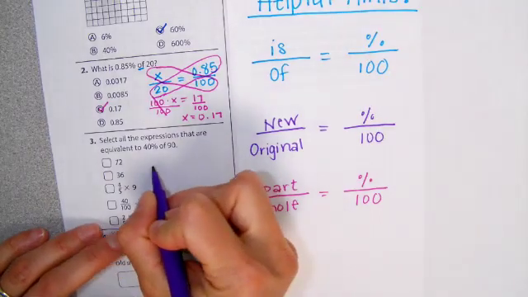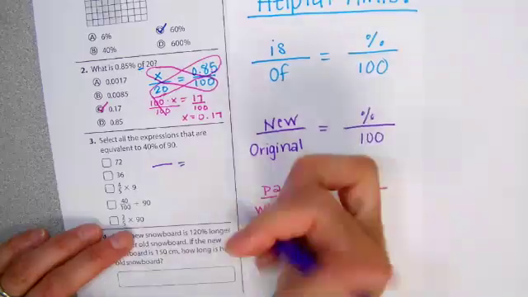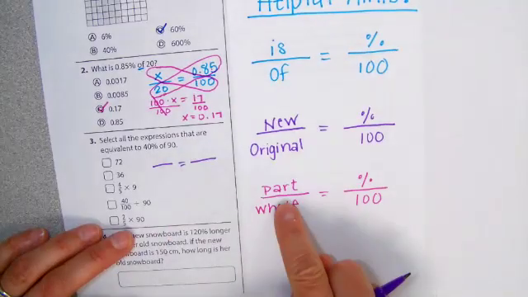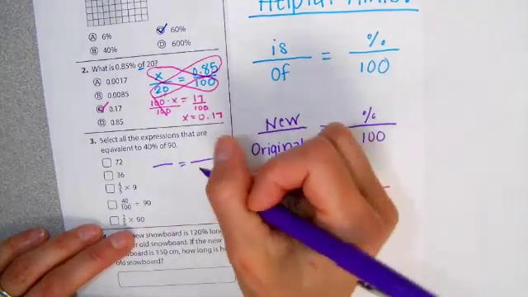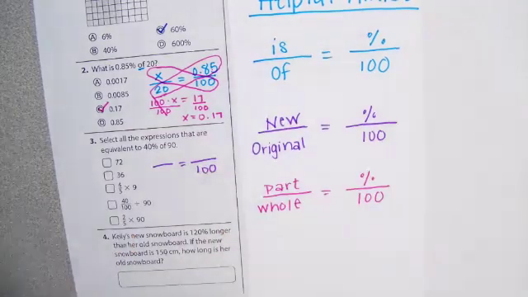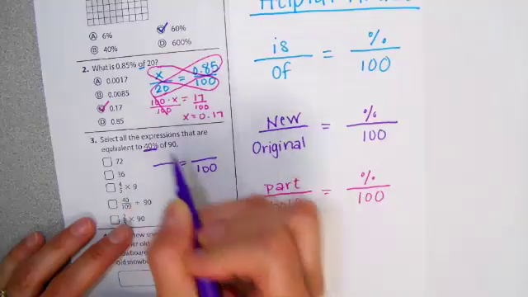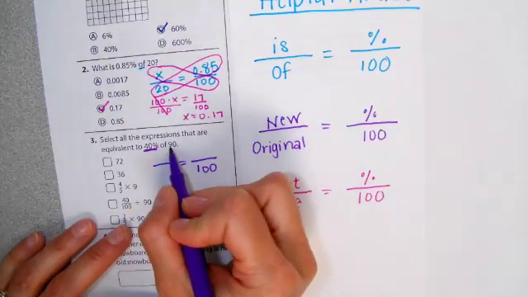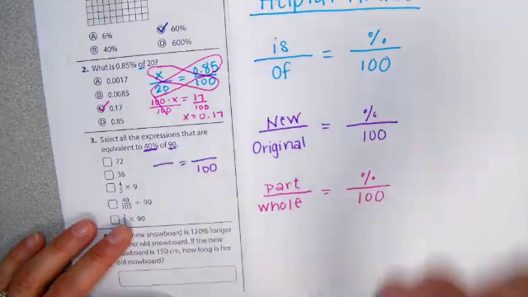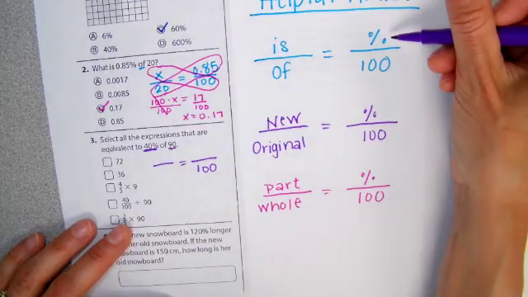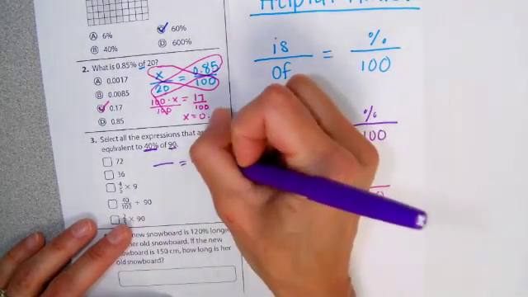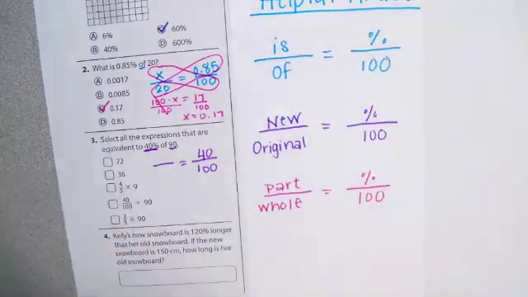So we can use this up here if we want, or we can use this, part over whole equals percent over 100. So automatically, we're going to put in 100. Now, the two numbers we have are 40%, right? And 90. Okay, so 40 has a percentage sign on it. So the percentage sign, no matter what method you use, is going to go above the 100.